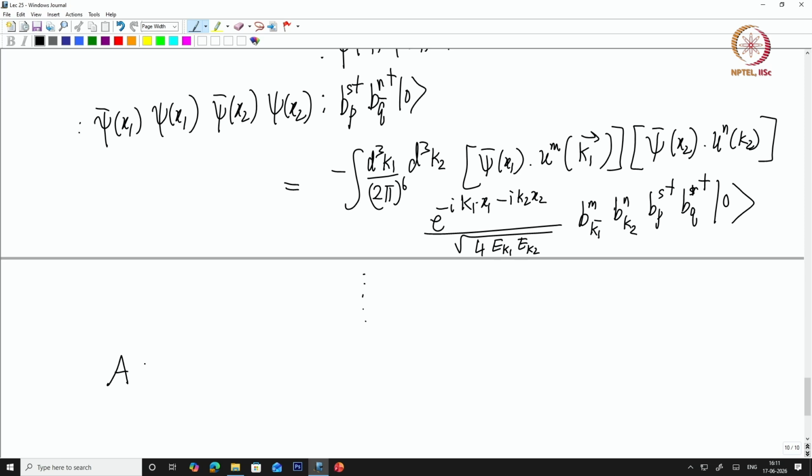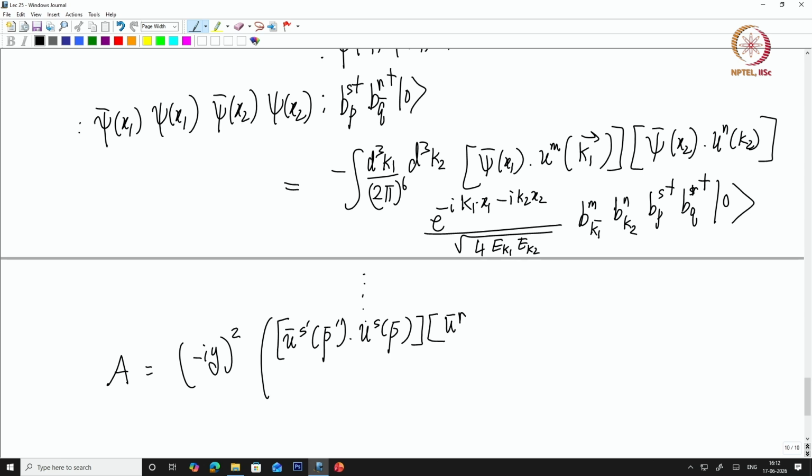So you get your amplitude is equal to minus i y square, everything in terms of the spinor wave functions: u bar of s prime, p bar prime, dot u of s, p bar, and the spinor product u bar of r, q bar prime, dot u of r, q bar.